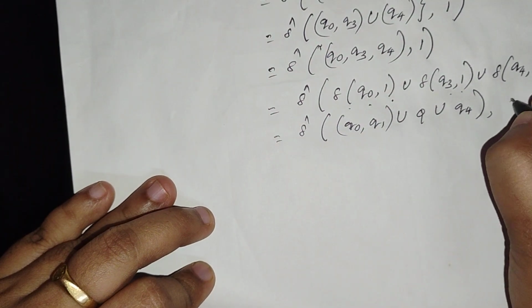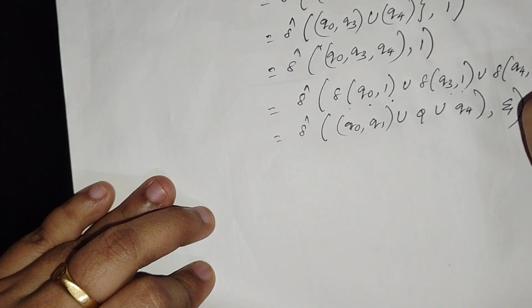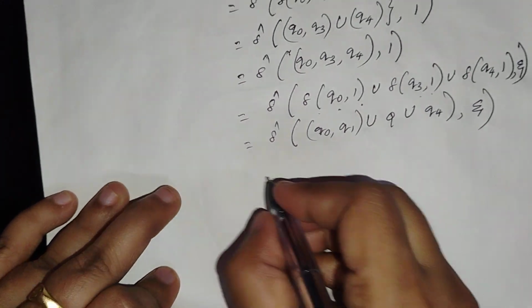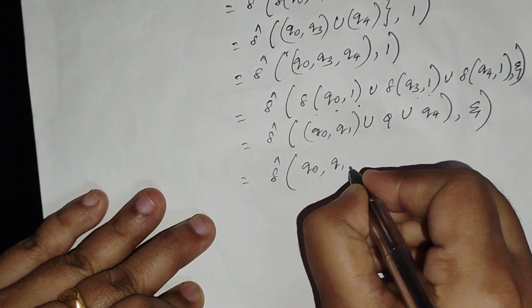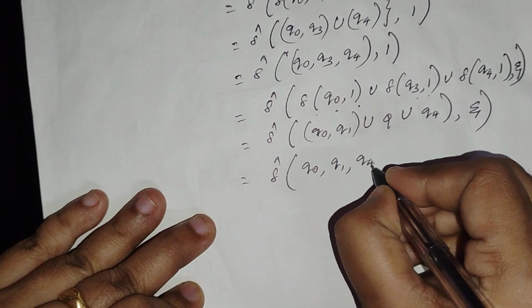If there is no symbol, we represent the empty string, epsilon. So δ^ of {Q0, Q1, Q4}, ε.